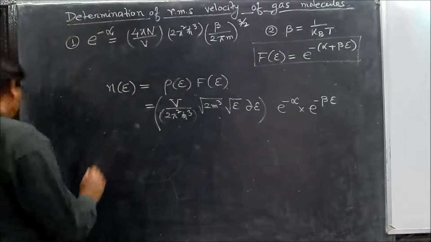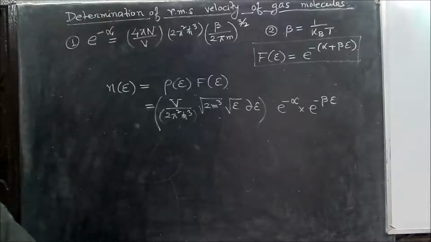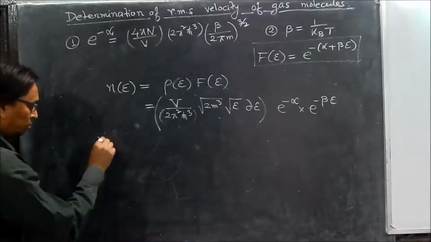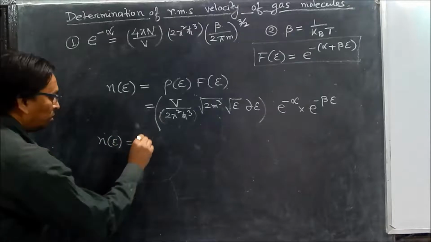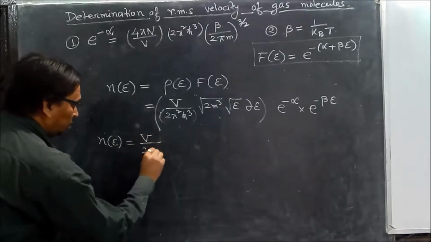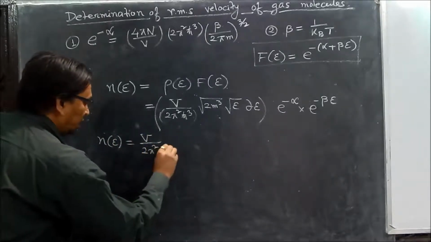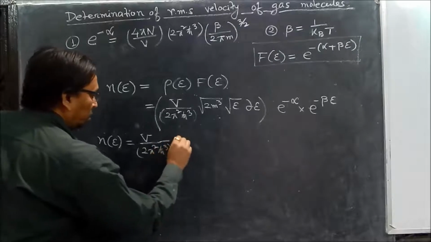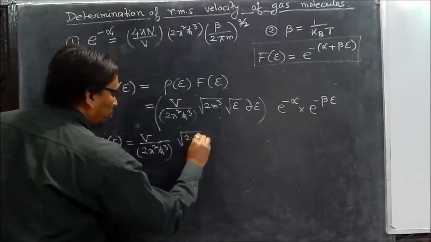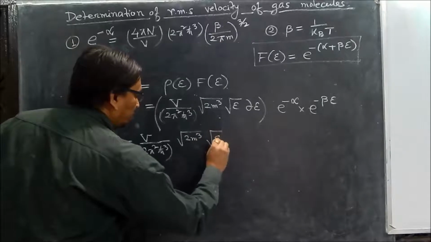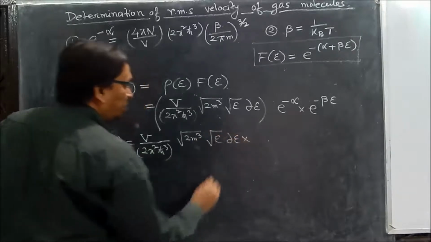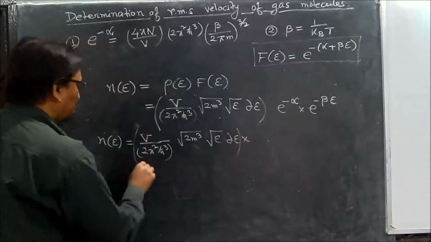So I have to calculate it from here. So this is equal to V by 2 pi square h hat cube into root under 2 m cube root under epsilon d epsilon, multiplied by this thing.